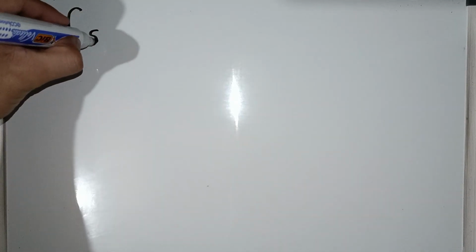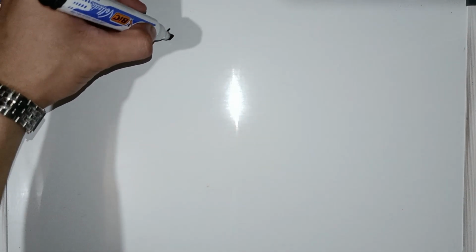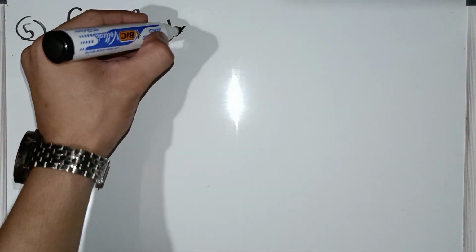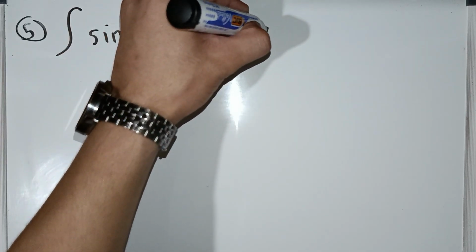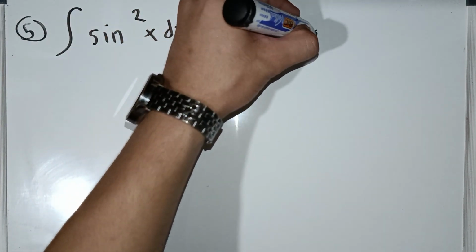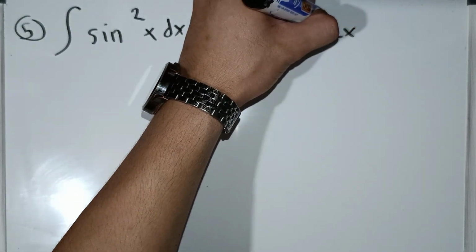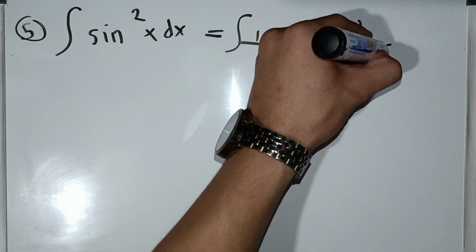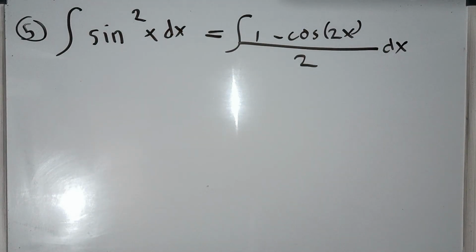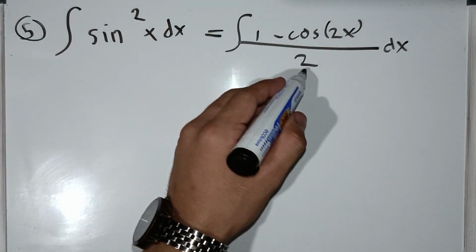For our fifth problem, let's try the integral of sine square x dx. So this is equal to the integral of 1 minus cosine 2x all over 2 dx. We have 1/2 here, so let's put it here.